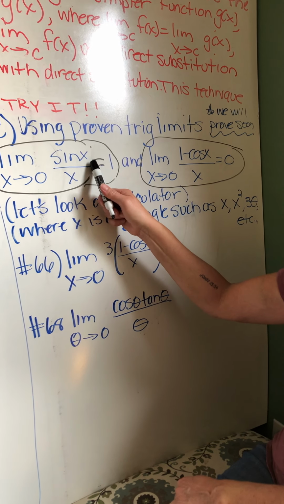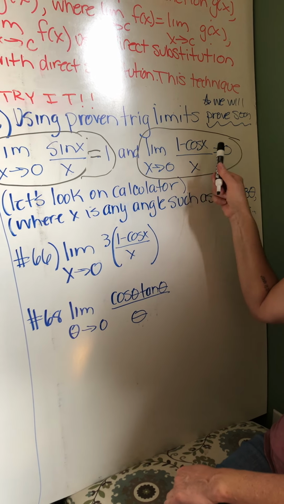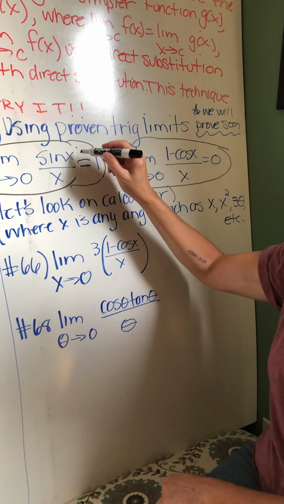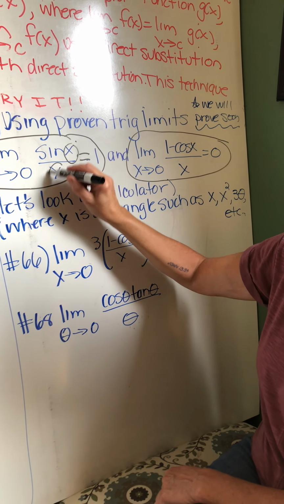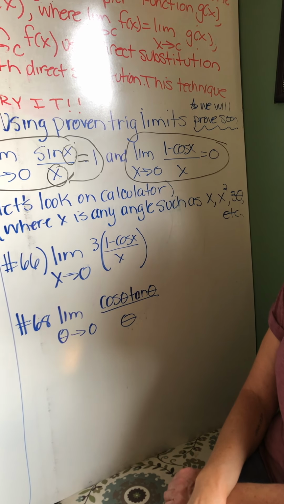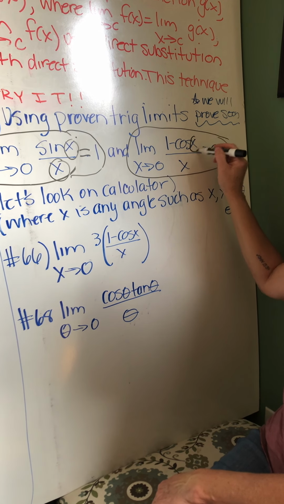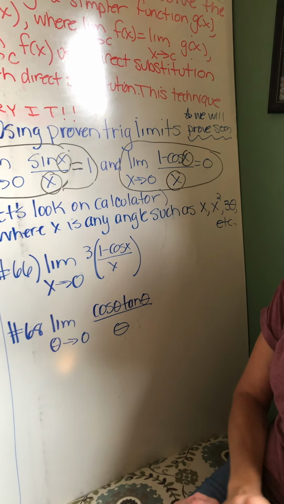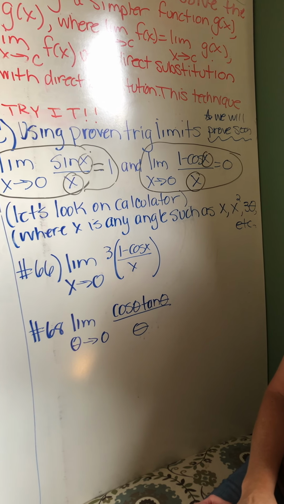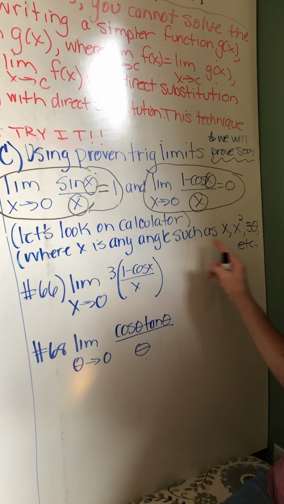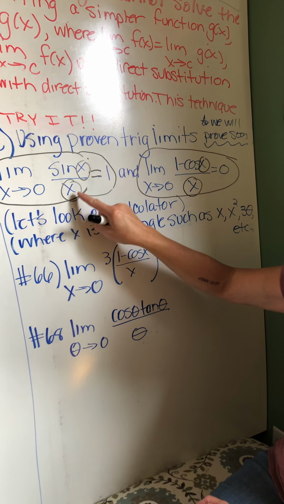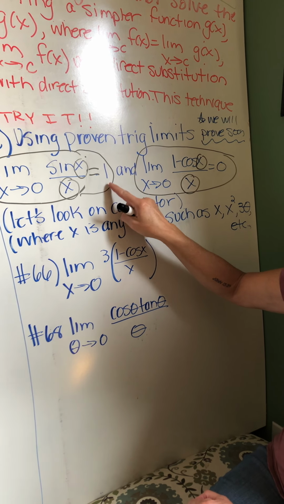It doesn't just have to be an x here and here and here and here. This is sine of an angle divided by the same angle. Cosine of an angle divided by the same angle. And the reason why I say that is, class, I could have an x squared here and here, and the limit would still be 1.